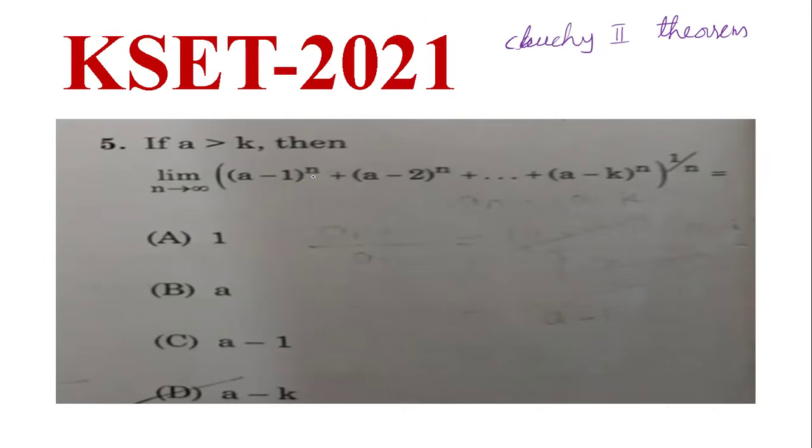This is a monotonically decreasing sequence. A monotonically decreasing sequence converges to its infimum. Therefore, the answer is this. Or else, a monotonically decreasing sequence converges to its first term. Here a > k is there, the value is decreasing, therefore the monotonically decreasing sequence converges to its infimum. Therefore, the answer is a-1. Simple question.